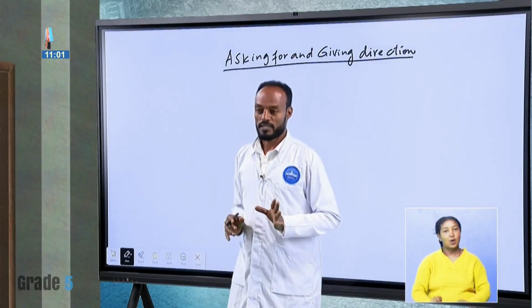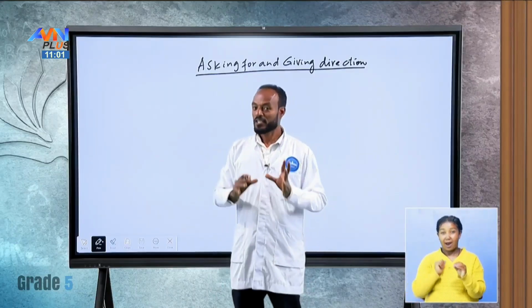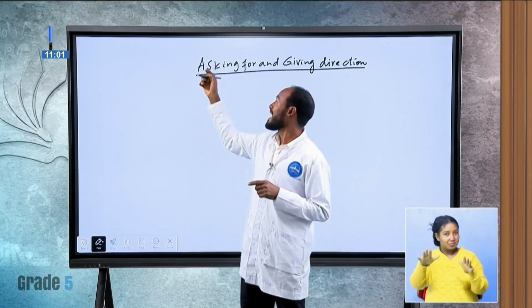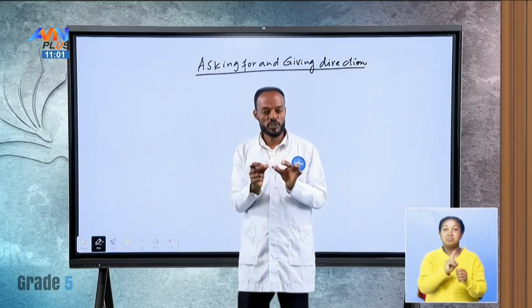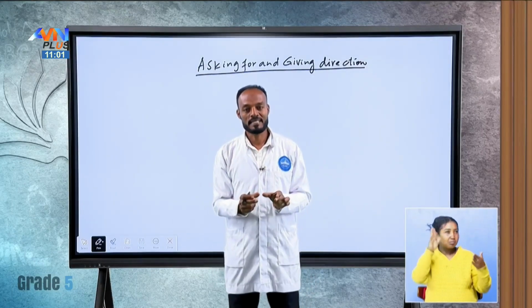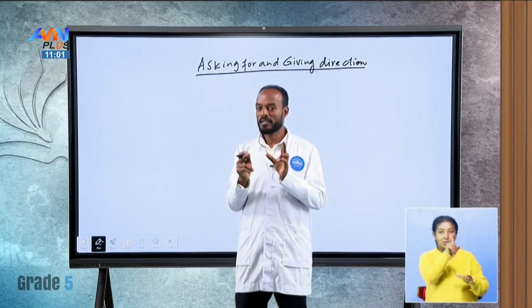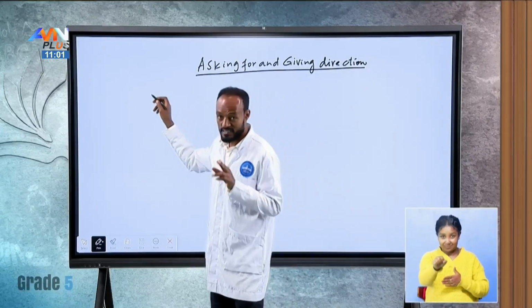Okay, students, I think you have some information about this concept because we have learned it in the previous lesson. Asking for means if you are not sure, if you don't know the place where you are going, if you are lost, you have to ask for direction. Isn't it? Sure.